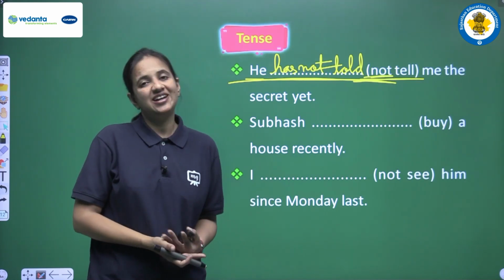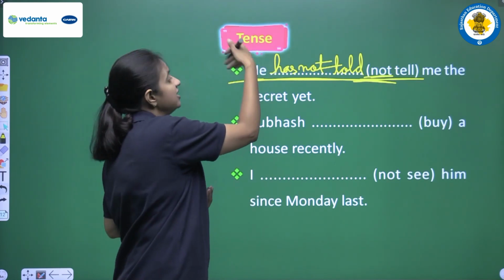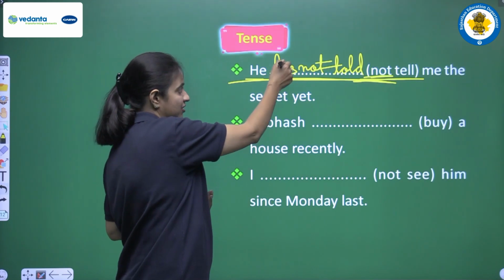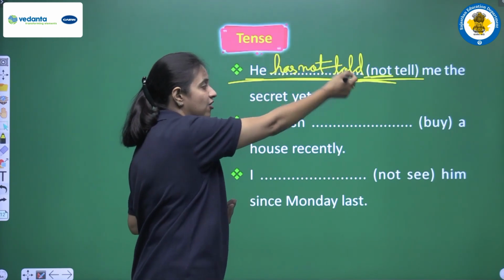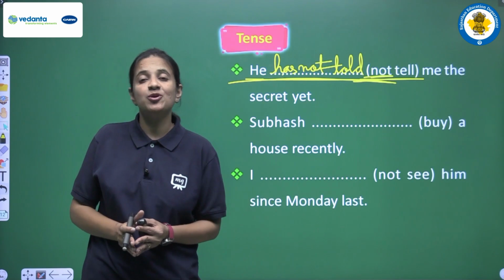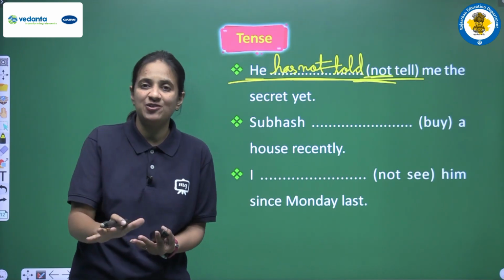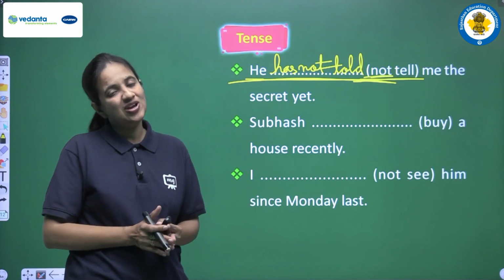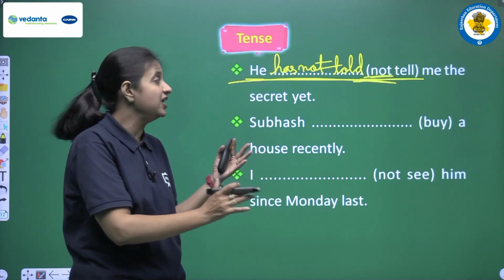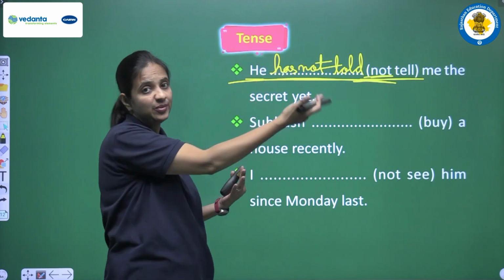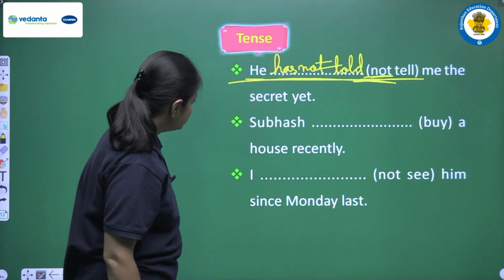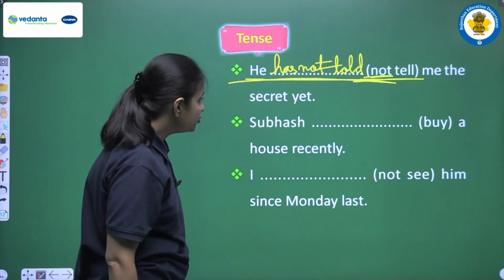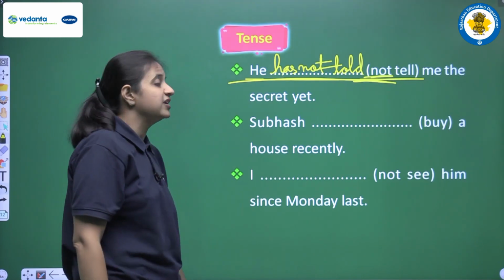You have to keep in mind that first of all there will be the subject, then we will have the helping verb, then not, and after not we have to write the main verb, or we can say the third form of the main verb. So this is the structure of the negative sentence, and we have to follow the same structure only. Helping verb, not, then main verb. Clear?